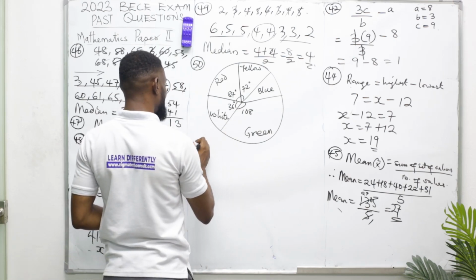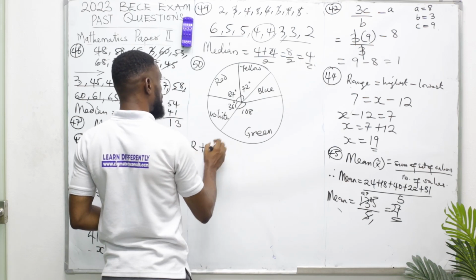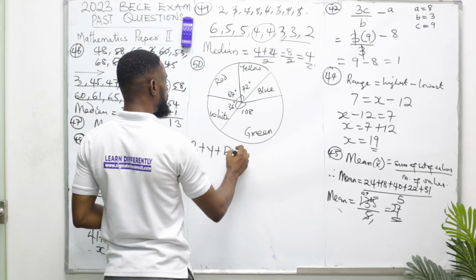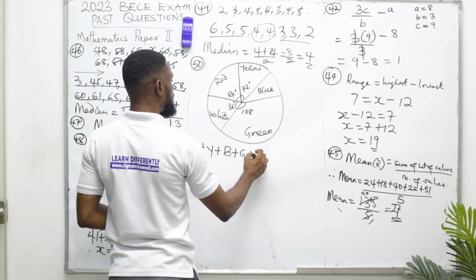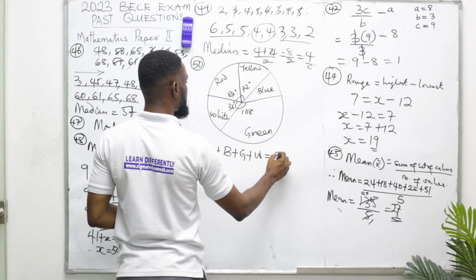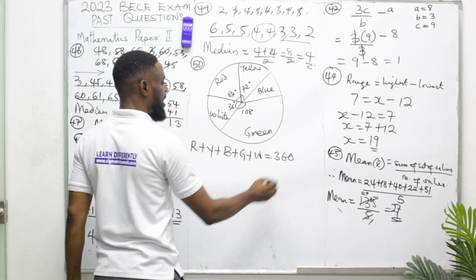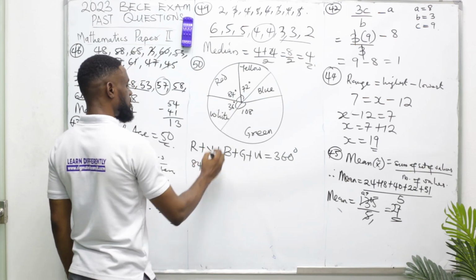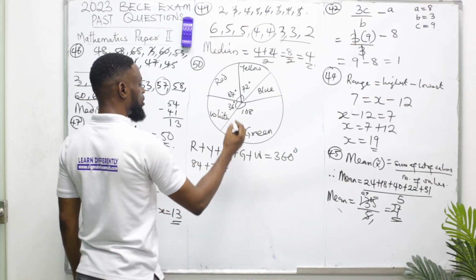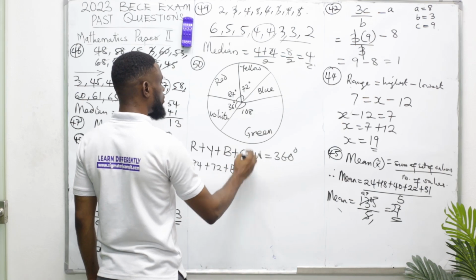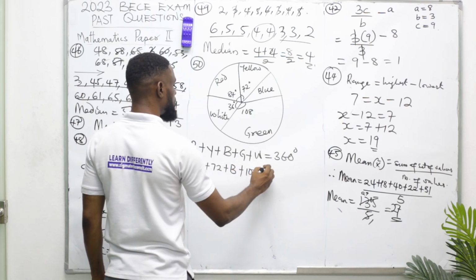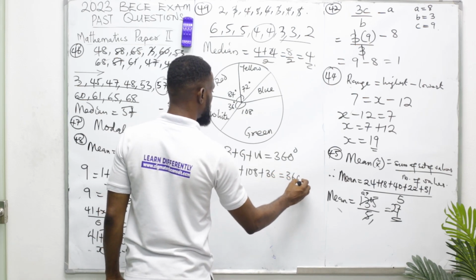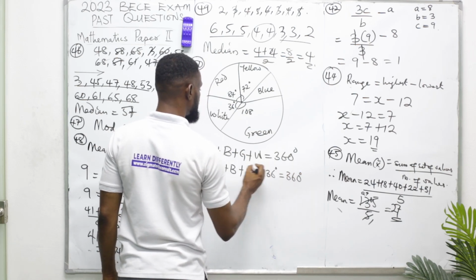Remember, red plus yellow plus blue plus green plus white will give us 360 degrees. So that means red is 84 plus 72 plus blue house plus 108 plus 36. It will give us 360 degrees.